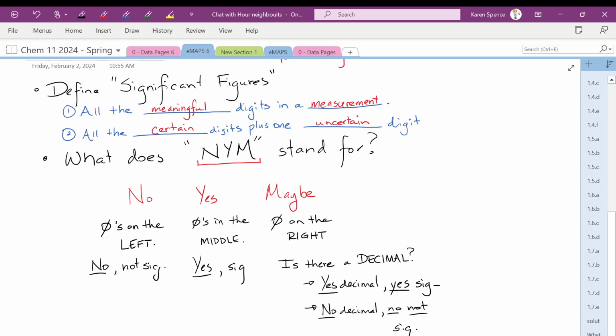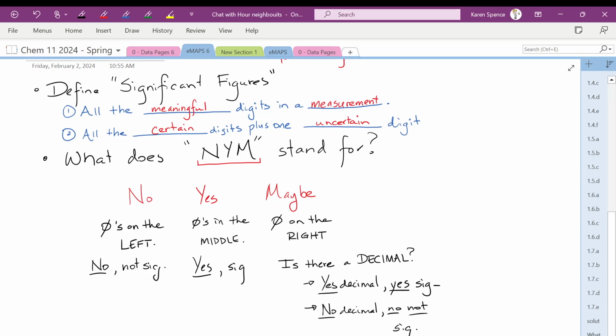They are all the meaningful digits in a measurement. They are all the certain digits plus one uncertain digit, and NYM stands for, everyone? No, yes, maybe. And what do we need to ask ourselves if it's the maybe? Is there a decimal? If there is a decimal, are they significant? Yes. If there's no decimal, are they significant?